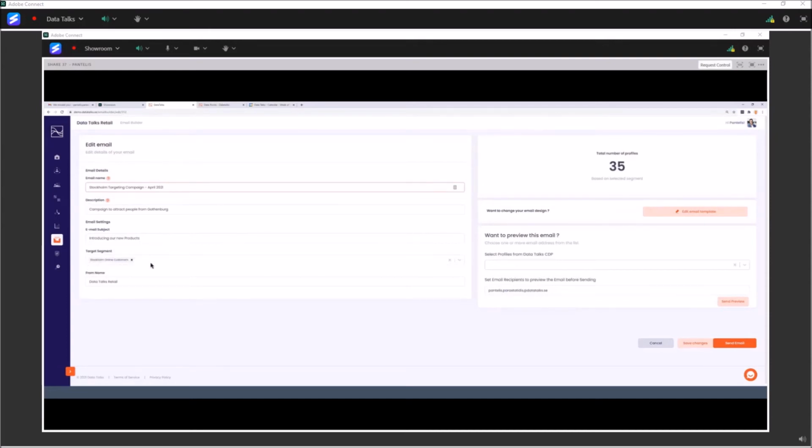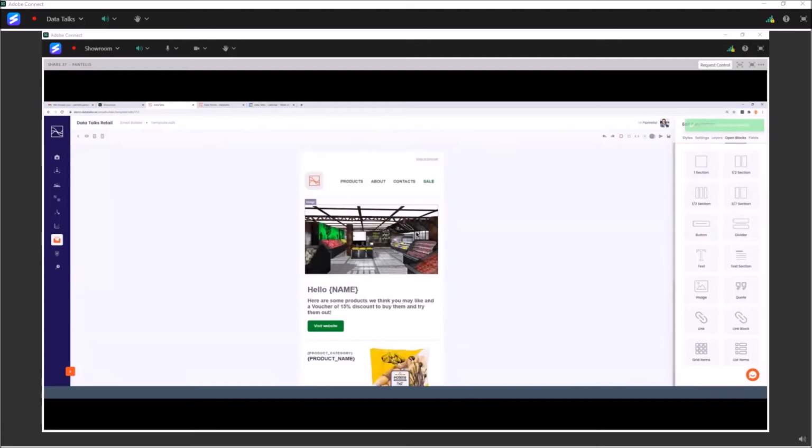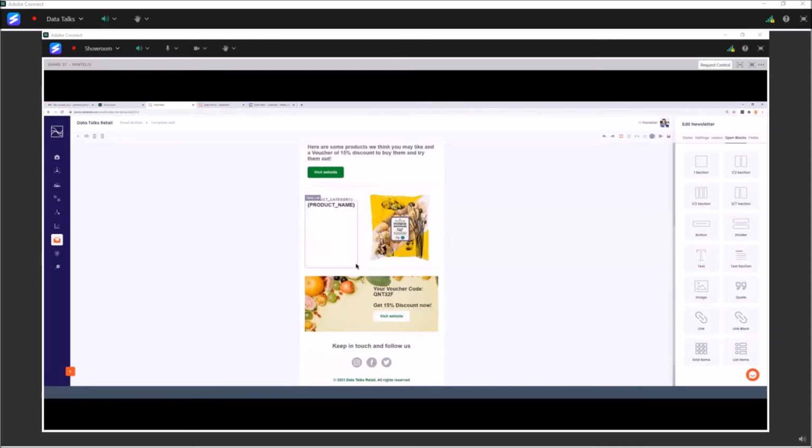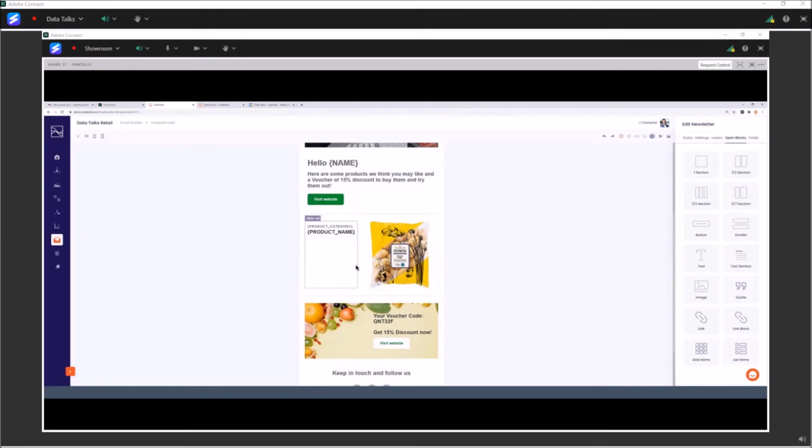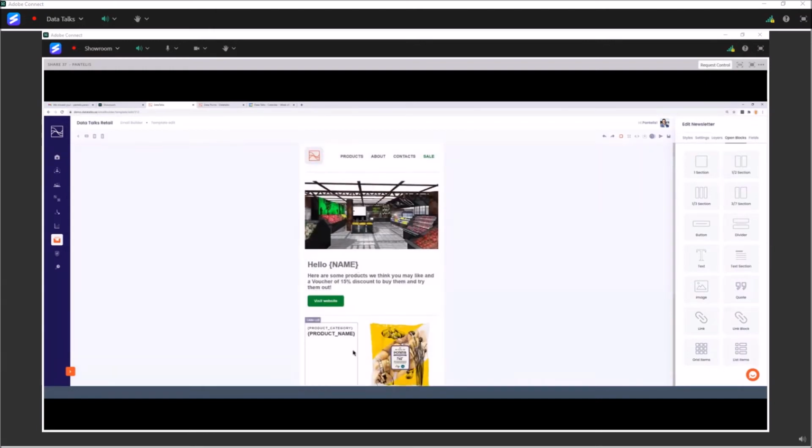So we are going now to target those people. We can, as I said, put more than one segment here. And by clicking on Edit Email Template, we can see that we have a very nice email builder where, by dragging and dropping, you can create a nice email template with dynamic fields, as you can see here and here.